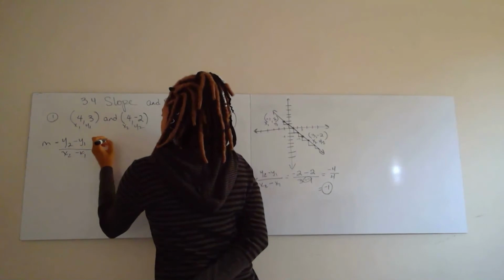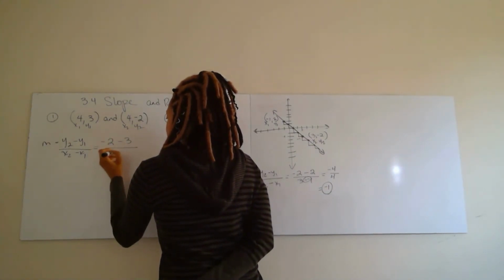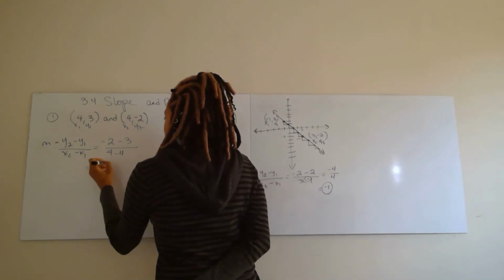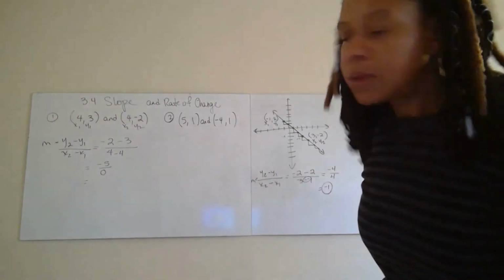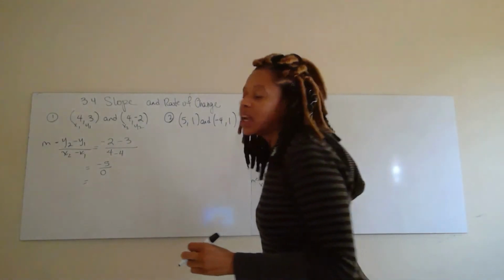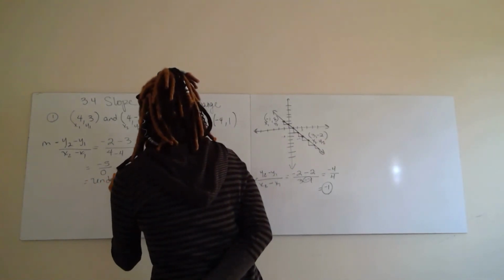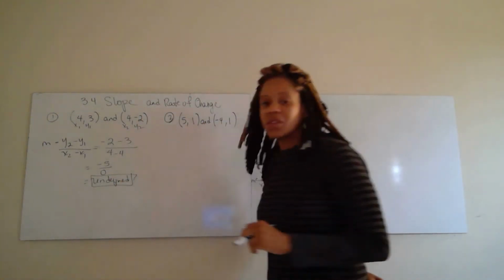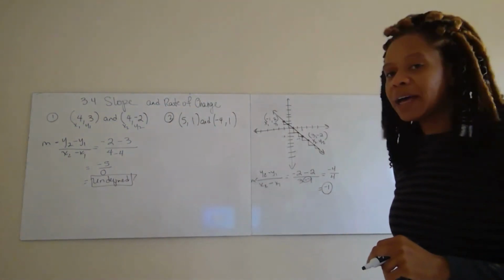So when I substitute them in, -2 minus 3 over 4 minus 4. So we get -5 over 0. Well, what does it mean when you divide by 0? Dividing by 0 does not equal 0. Dividing by 0 equals what? Undefined. It's not possible to divide by 0. So this slope here is undefined.